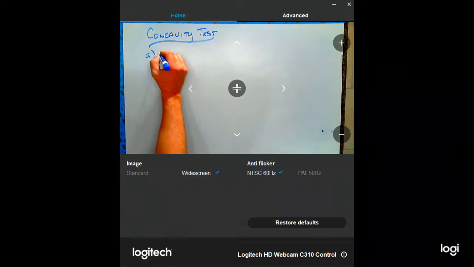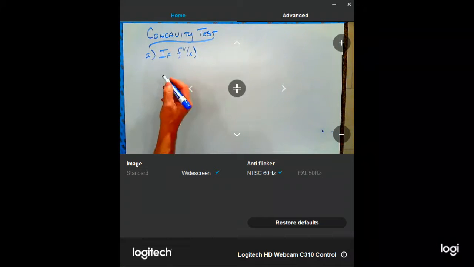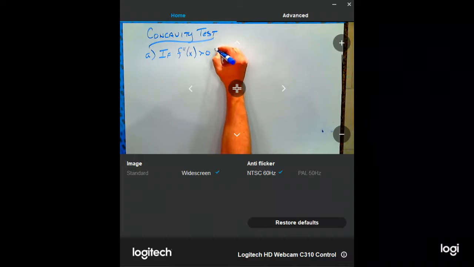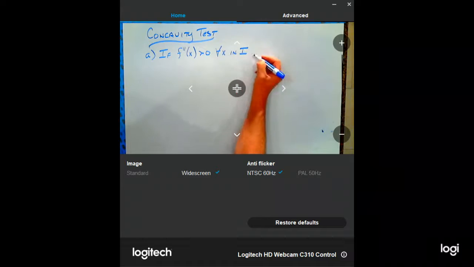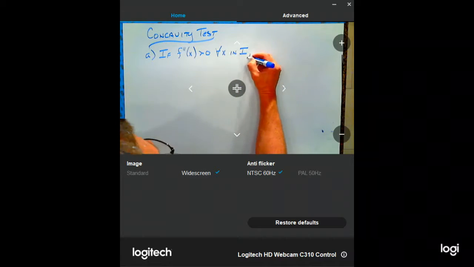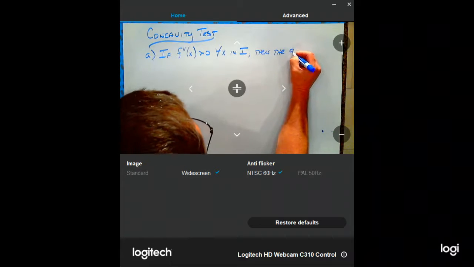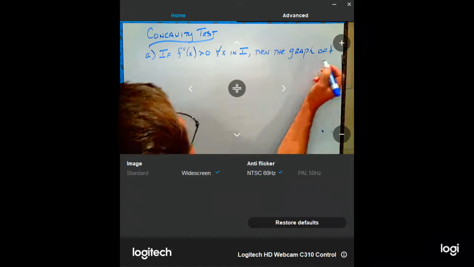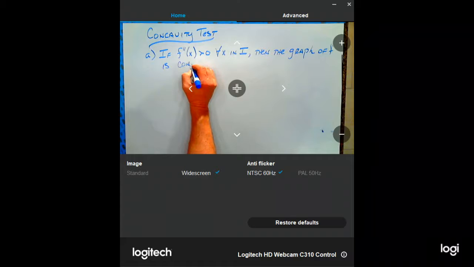We say if f double prime of x, the second derivative, is greater than 0 for all x in I, then the graph of f is concave up on I.